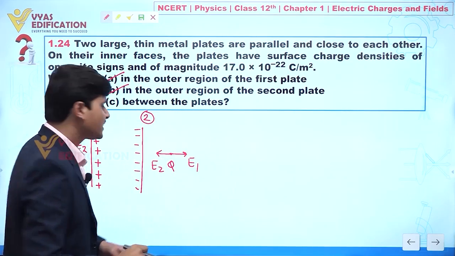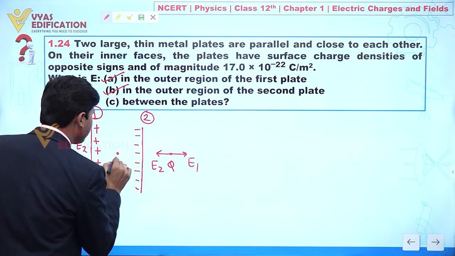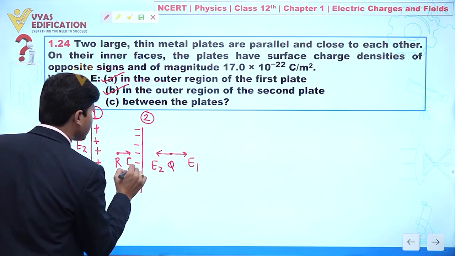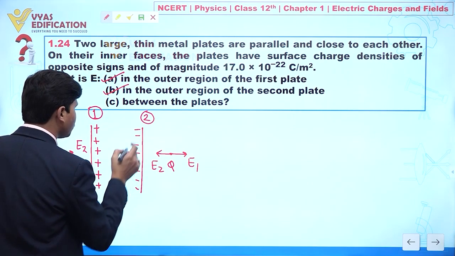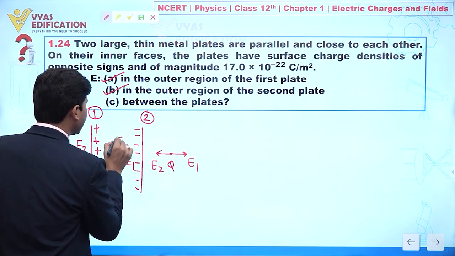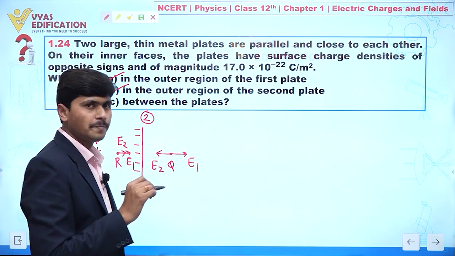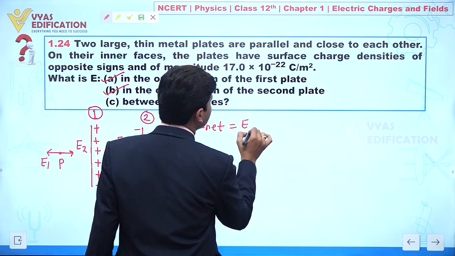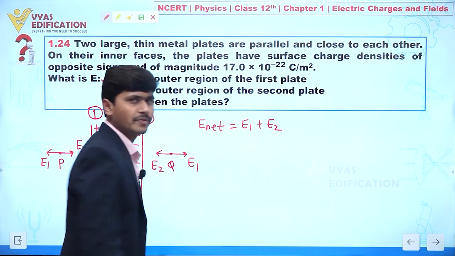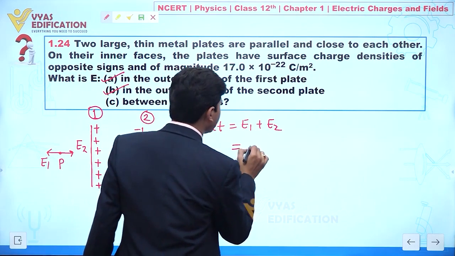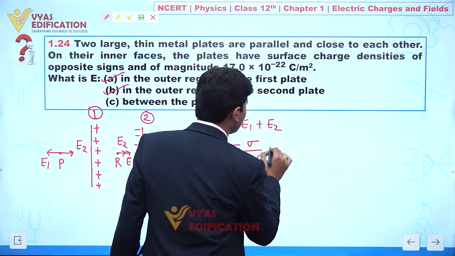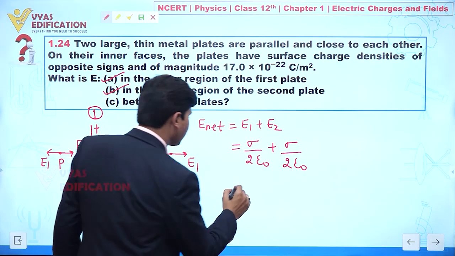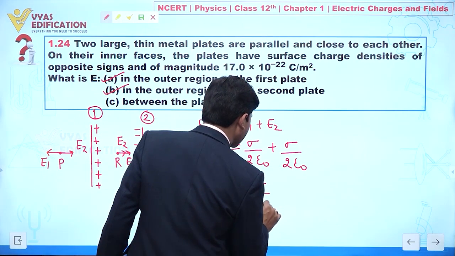Let's suppose I am assuming a point R. Due to plate number 1, the electric field is in this direction, E1, and due to plate 2, the electric field is in this direction, E2. So E net equals E1 plus E2, which is sigma upon 2 epsilon naught plus sigma upon 2 epsilon naught. Clear to you? So this is equal to sigma upon epsilon naught.